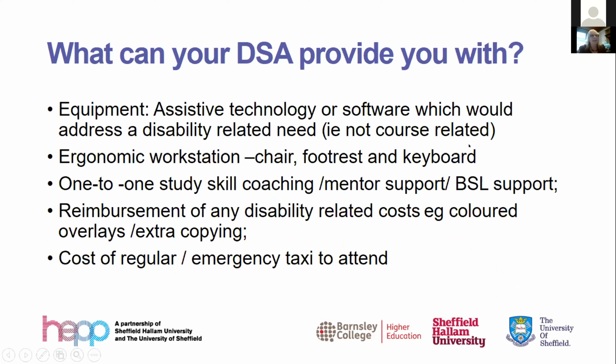So the DSA, this wonderful fund, will provide you with equipment and one-to-one support, other things as well, but equipment might be assistive software, so it might be dyslexia programs. It might be something like a dictating package, so that if my verbal skills are my strong point, then when I dictate, my computer will type my assignments.